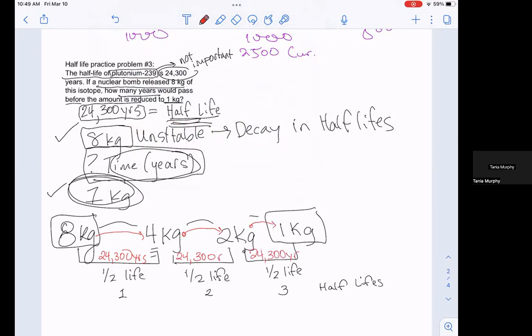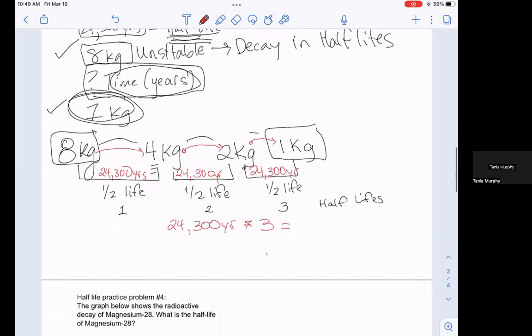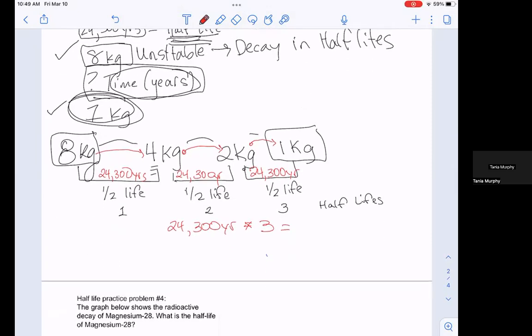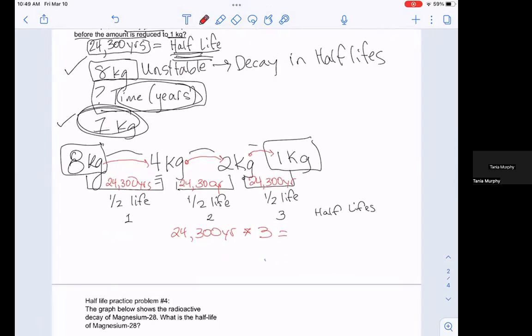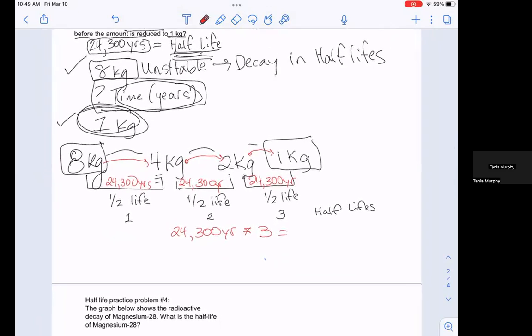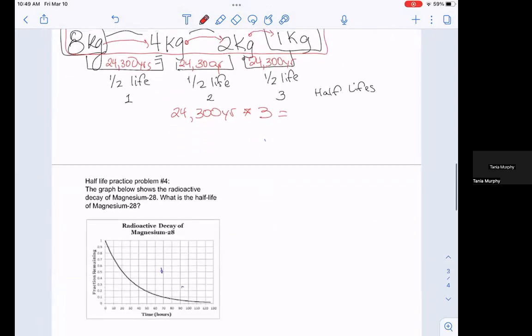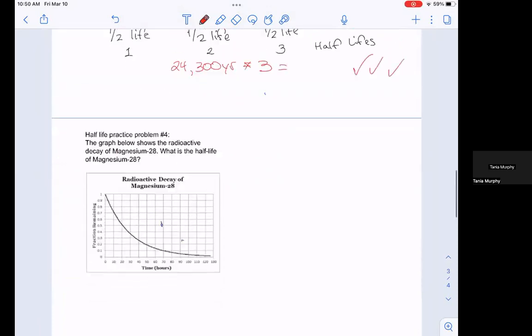So if we take those and we add them together or multiply them by 3, we should get our answer. And you can do that if you want to. We can't use a t-chart with that one because of the nature of this exponential decay here. So that's not going to work. You're going to have to do it like this, which is the easiest way.